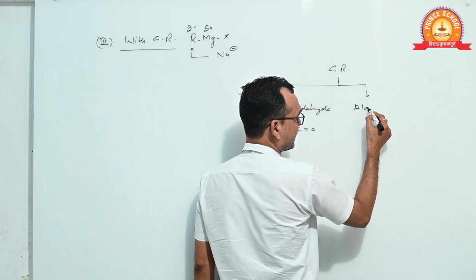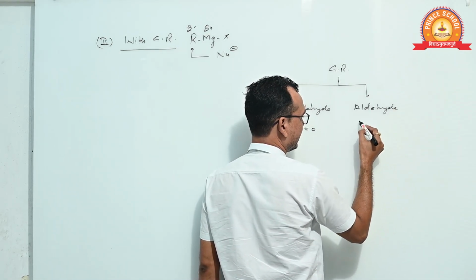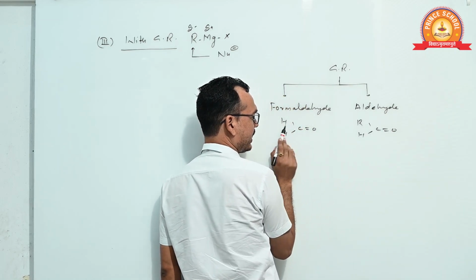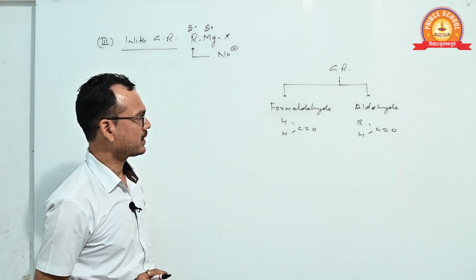Clear? Aldehyde is RCH double bond O, but this R should not be H.